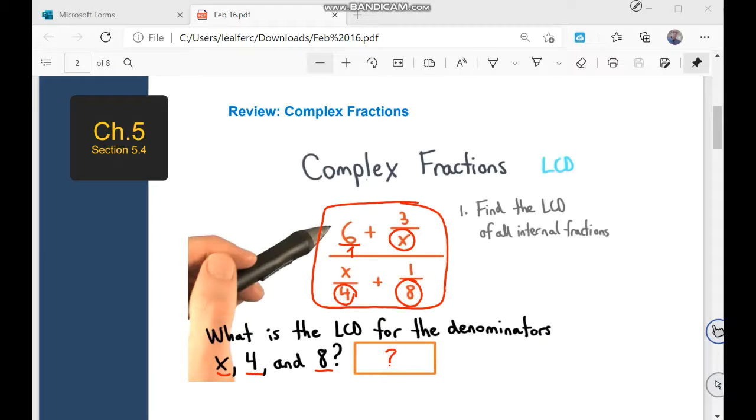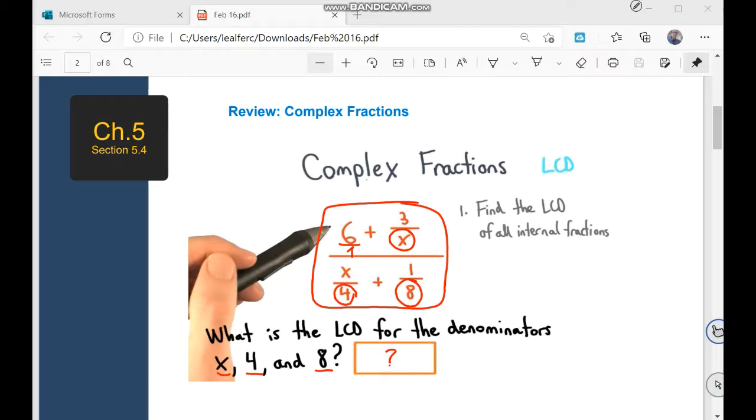Send me a message if you know, if you want to guess, if you want to help. Tell me your guess, your answer. I'm going to ask a couple of you now. So Jada, what do you think? And Kion, what do you think is the answer?